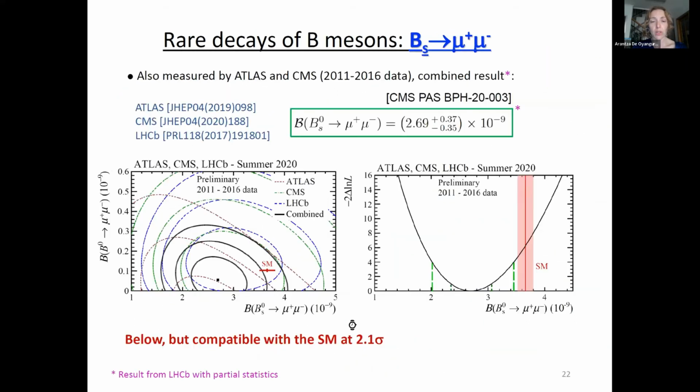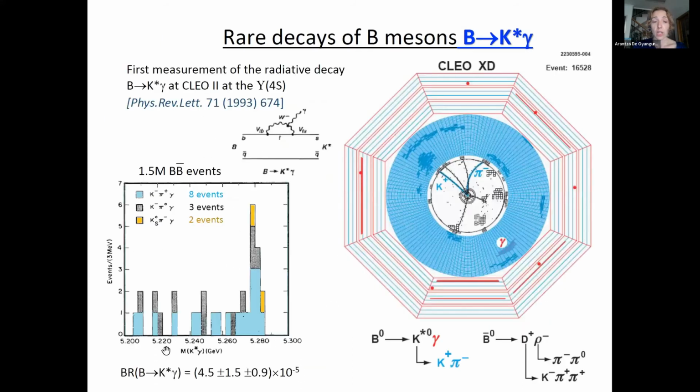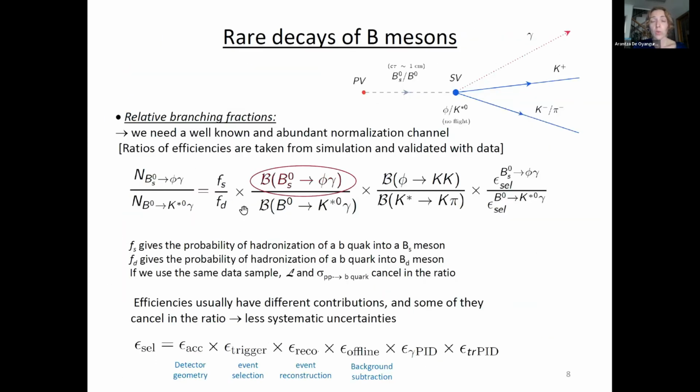When you want to measure the branching ratio, you need this selection efficiency, which depends on many things, like, for instance, the trigger, the event reconstruction, what you are applying for the background subtraction, all these kinds of things. For instance, how well you are detecting your particles or whatever you are reconstructing.